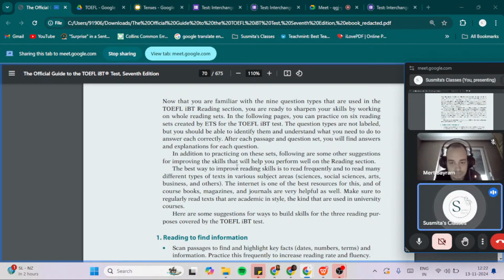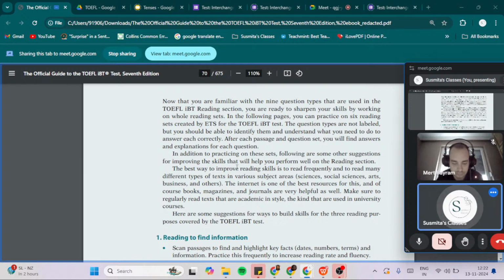Now, along with that, question types become very important. Of course, when you are attempting the passages in the exam, the question types are not labeled. They won't tell you this is question type 1, question type 2. You should be able to understand and gauge. Why do they become important?